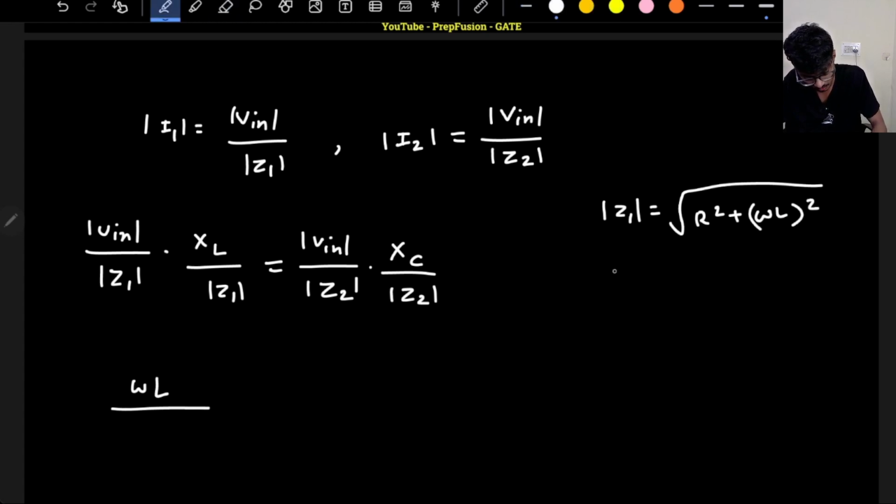And what is magnitude of Z2? It is a series RC circuit, so it will be R square plus 1 by omega C whole square.